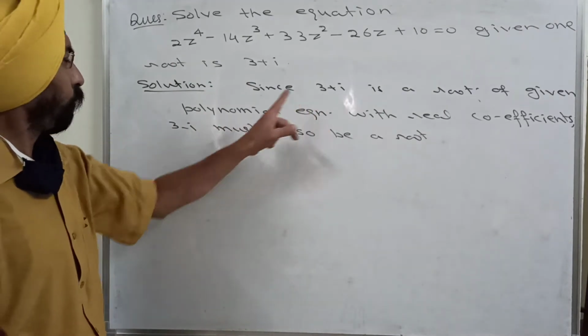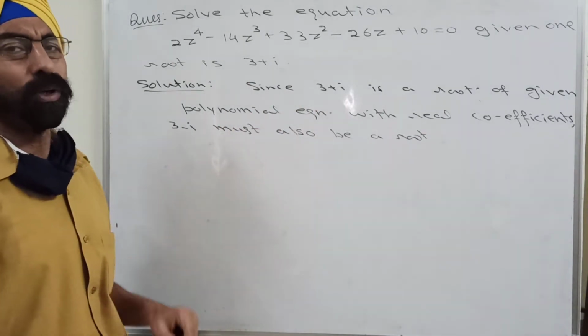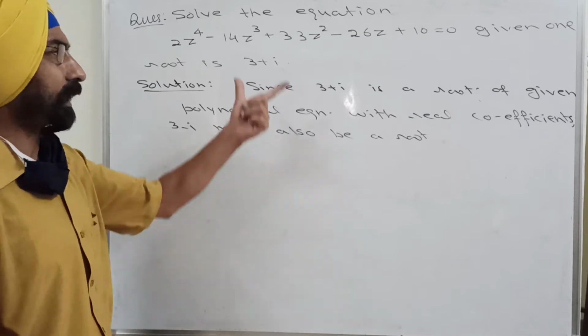So that means now we know 2 roots. That means we know a factor of degree 2 of the given equation.